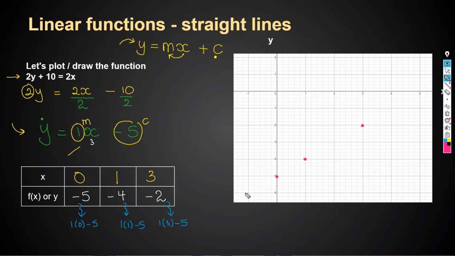Hey, looks like we got a straight line, right? And it matched our prediction. It's sloping how? Upwards, and it's slicing the y-axis at exactly -5. Right? So let me know when you get that on your end, like it matched the prediction.